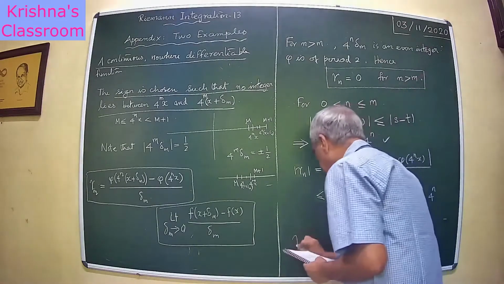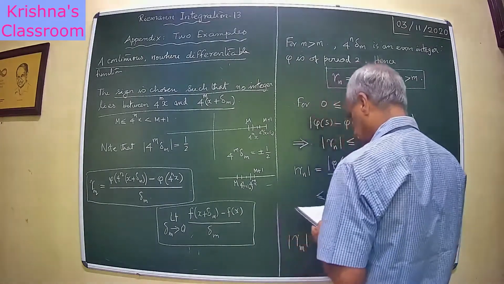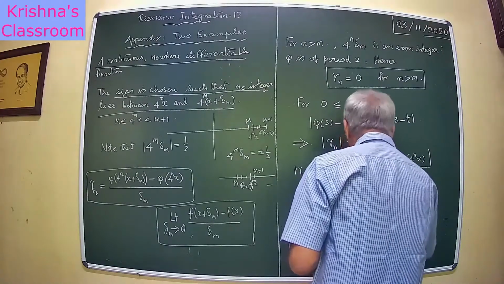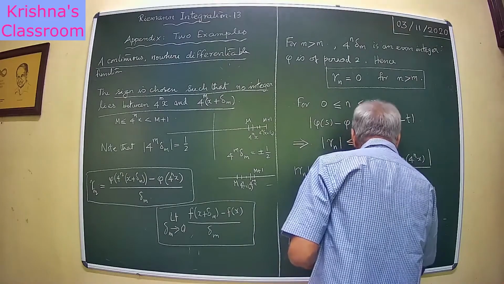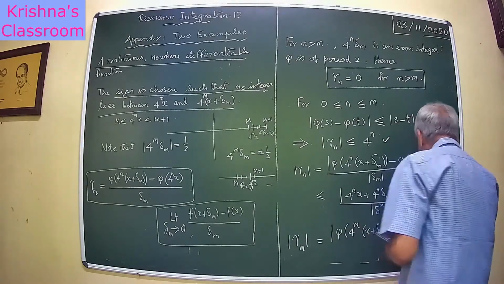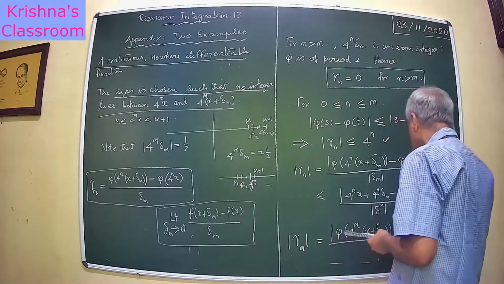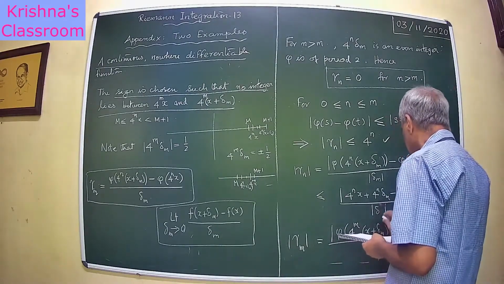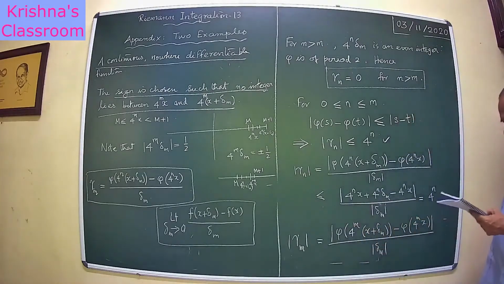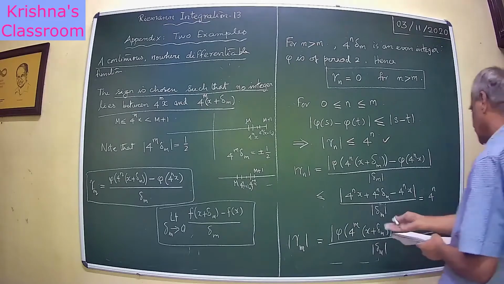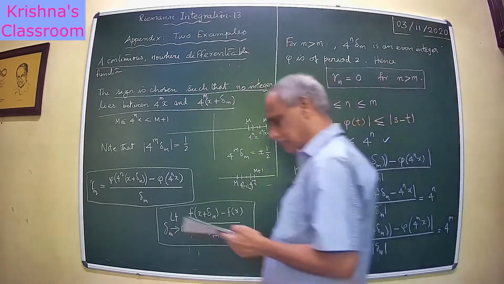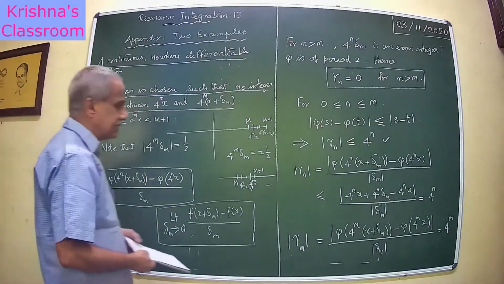Now we look at gamma m. This is equal to, now this you can easily estimate, and this is equal to, so these are some of the estimates that you have.